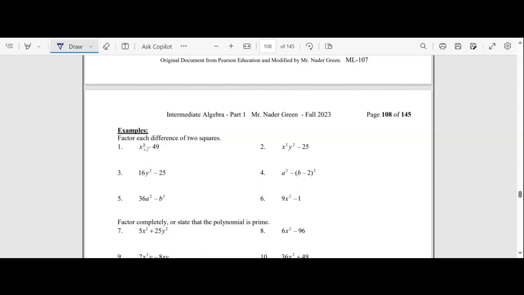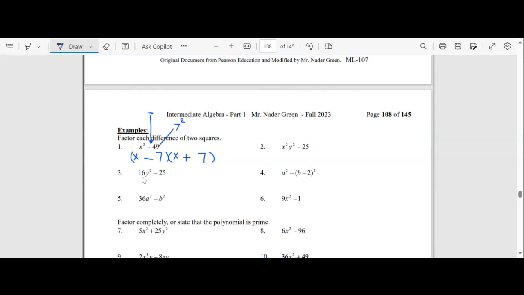So, for example, here I have x squared minus 49. We know that 49 is what? It's 7 squared. So in this case, is this a difference? Yes, a difference. Why? Because I have a negative here. So it's going to be x, 7, minus, plus.